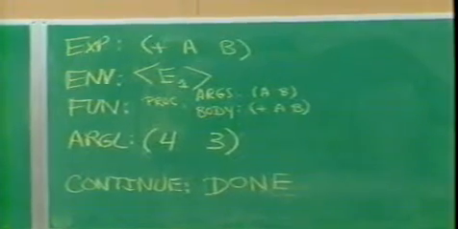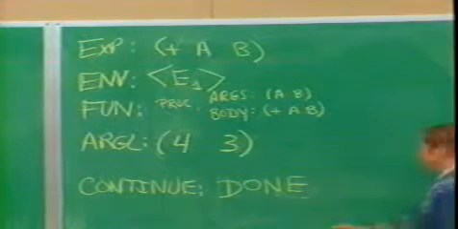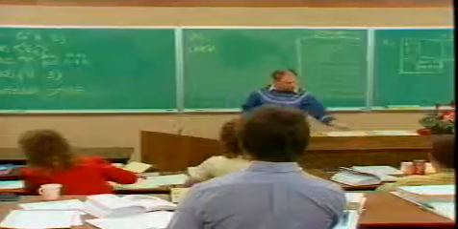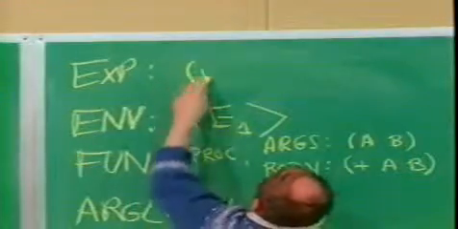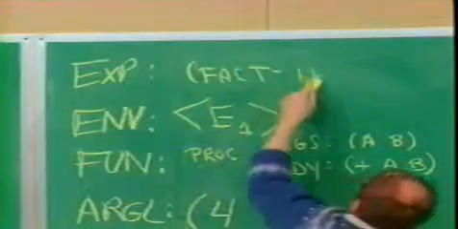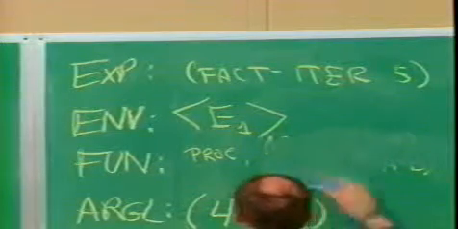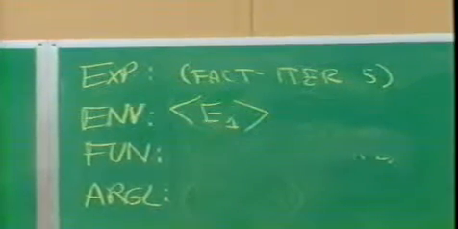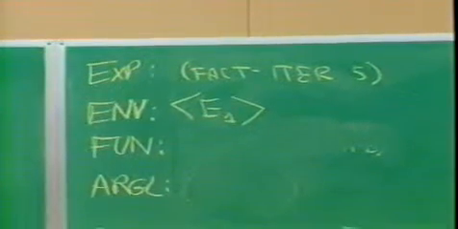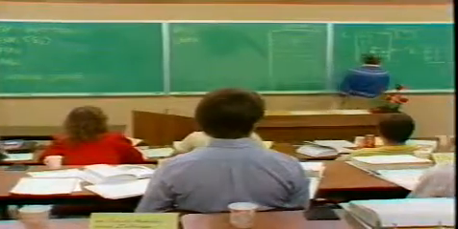Right? So for example, just to go through it in a little bit more care, if I start out with an expression that says something like, say fact iter of 5 in some environment, that will at some point create an environment in which n is bound to 5.